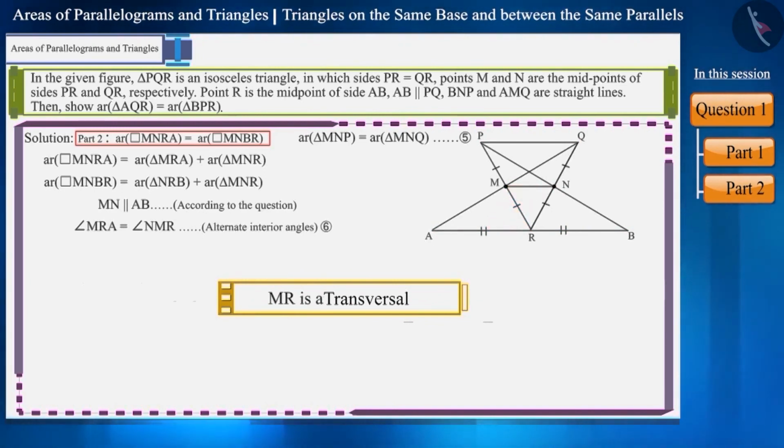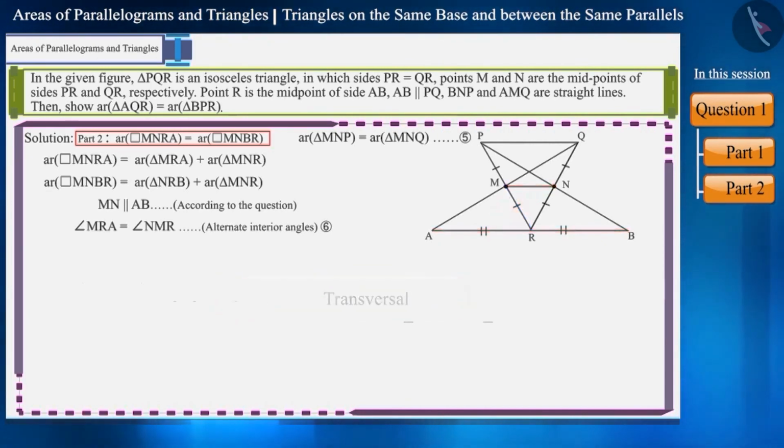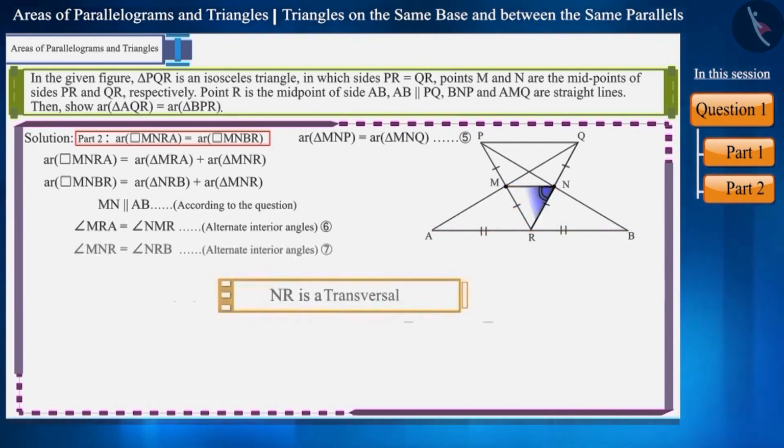And we know that if a transversal intersects two parallel lines, then the two alternate interior angles thus formed are equal. Therefore, these two will be equal. Similarly, angle MNR and angle NRB will also be equal.